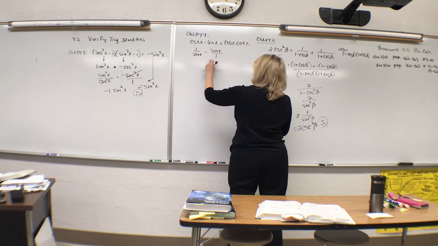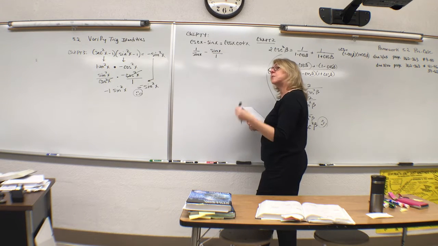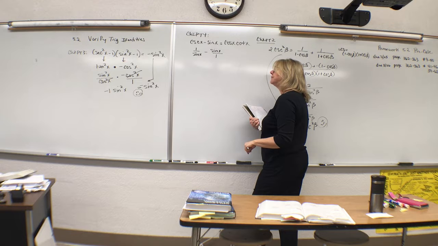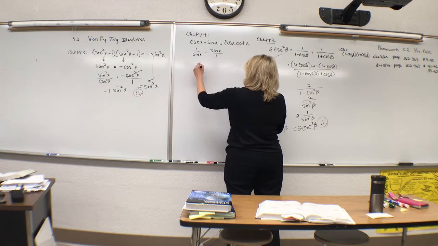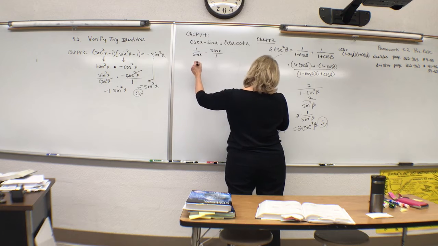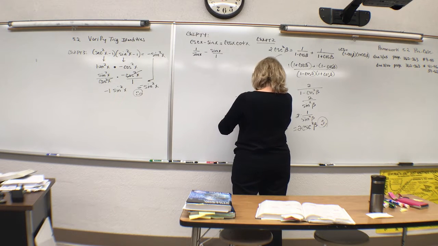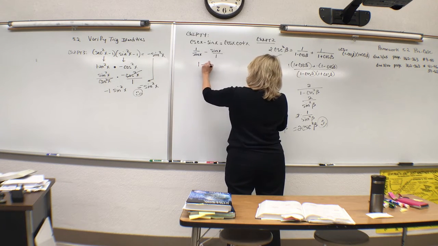The good news here is now I have to express both of these in terms of the same function. Going to build an LCD, going to multiply, of course, then by sine x. So here I'm going to come up with 1 minus sine squared x all over sine x.